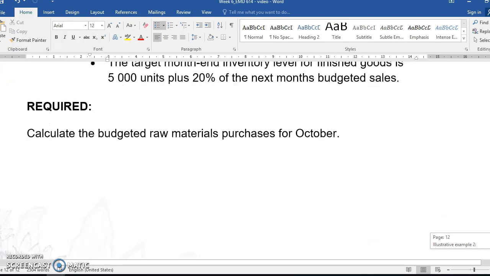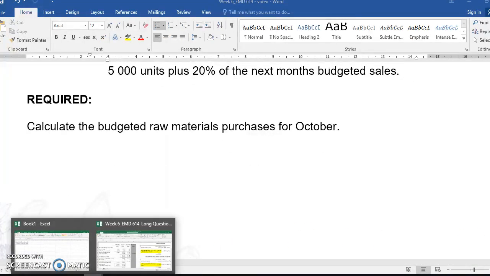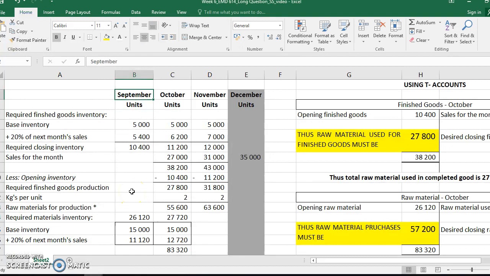The required ask is for October, and if you remember from the illustrative example, even though it's asked for October, which is the second month, we do need September because we need an opening balance. We do need November.